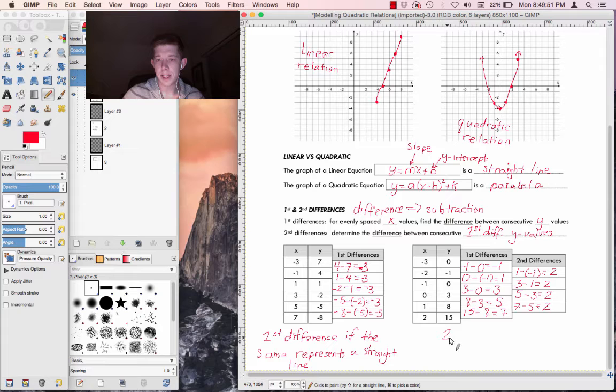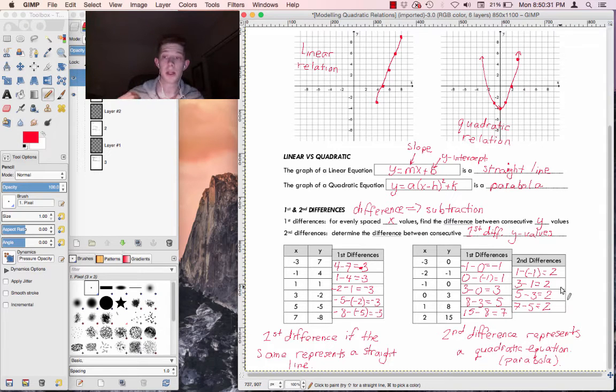So I can say that the second difference represents a quadratic equation. And what we mean by that is it's a parabola. So the second difference, if these are all the same, we get a parabola.